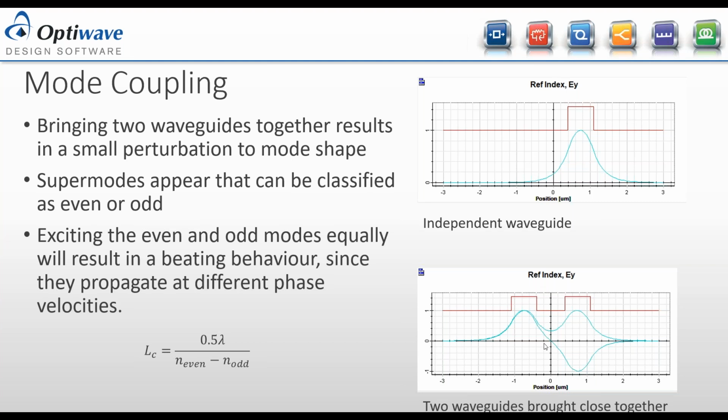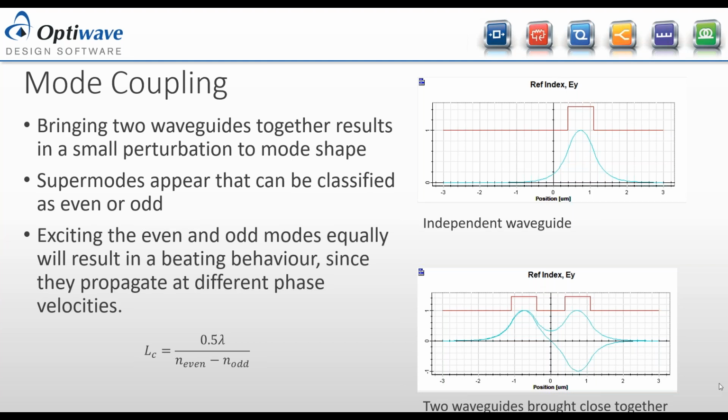Here, they're kind of different, as you can tell, but they should excite them about equally. But since they propagate with different phase velocities, you'll get the beating behavior. So there's two ways of looking at it: the super mode that's made up of two independent waveguide modes, or you can just say, I have one structure and I'm just interested in the modes that this structure has and how they're excited.